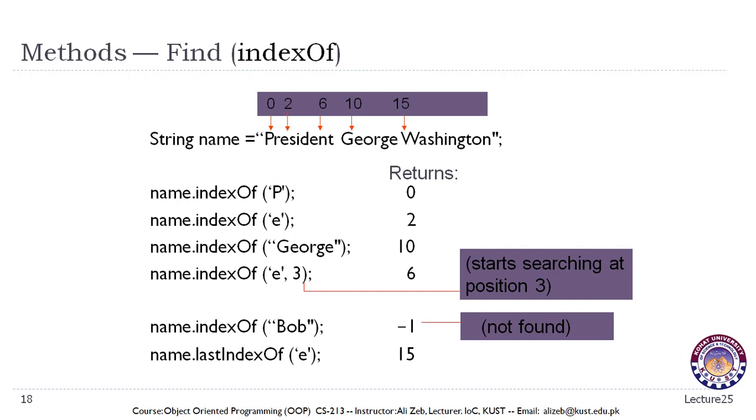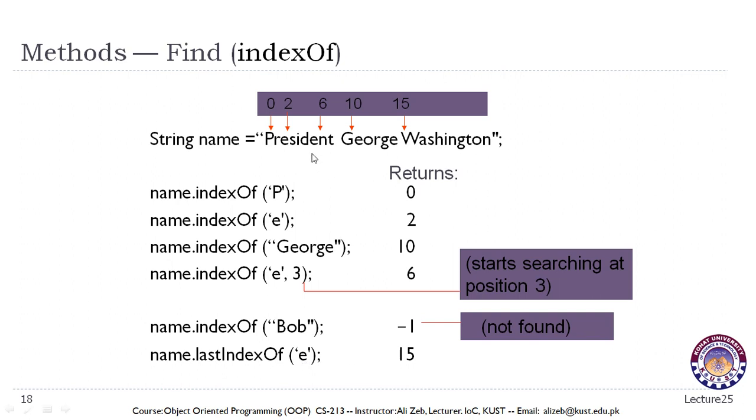We also have the lastIndexOf method that will return the index position of the last occurrence of the character that we pass to the lastIndexOf method. So we can see that index 15 will be returned when we try to find out the last position of E in our given string.